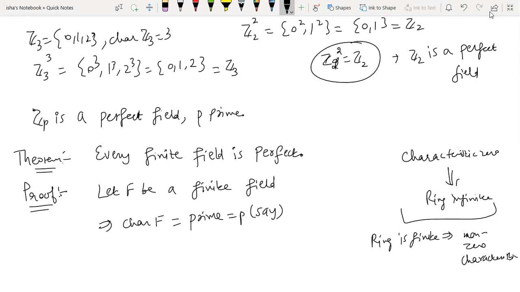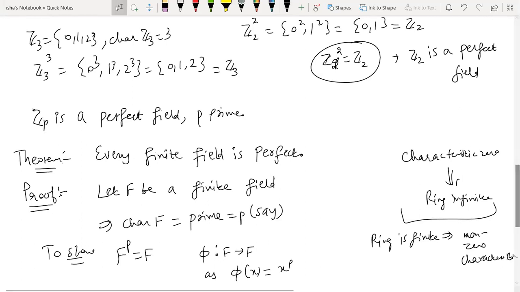According to the definition of perfect, if we want to show it is perfect, we want to show that F raised to power p should be equal to F. So for that, let me define a mapping from F to F as phi of x is x raised to power p.